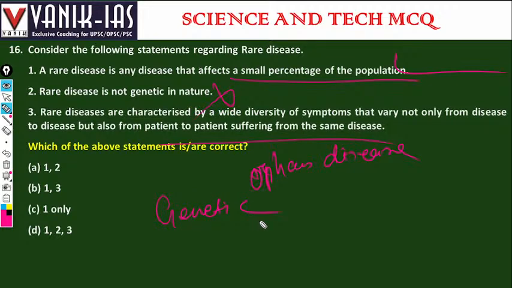For example, hemophilia, thalassemia, sickle cell anemia. These are genetic in nature, right?